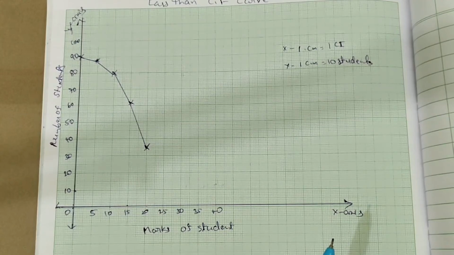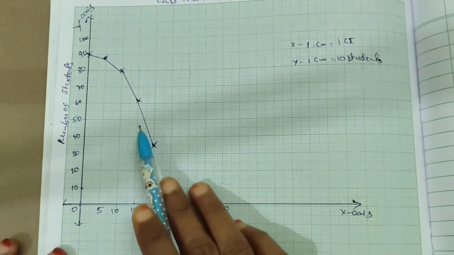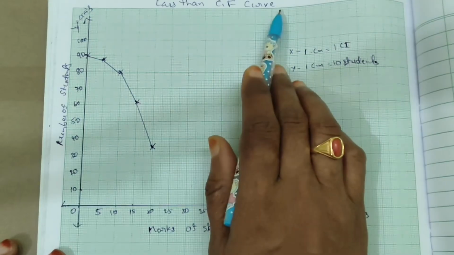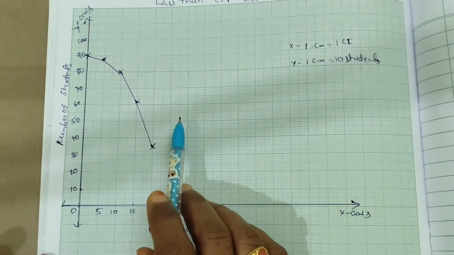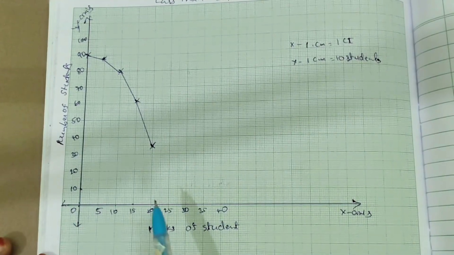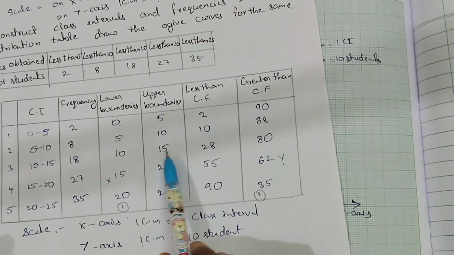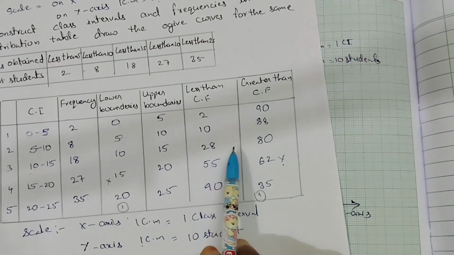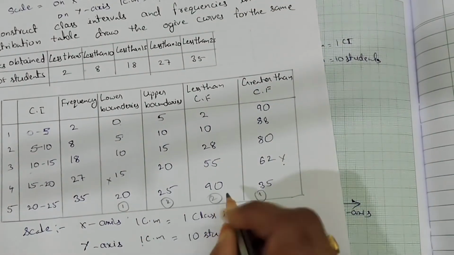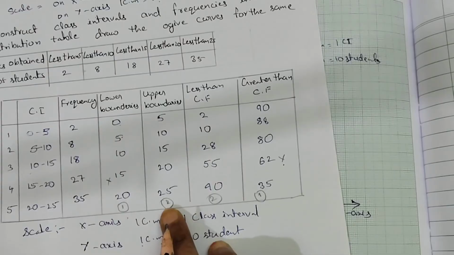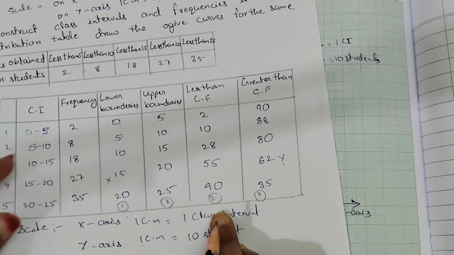This is the first graph. Next we draw the greater than cumulative frequency graph. Here we use the upper limits and the less than cumulative frequency values, these two, to draw the greater than cumulative frequency curve.